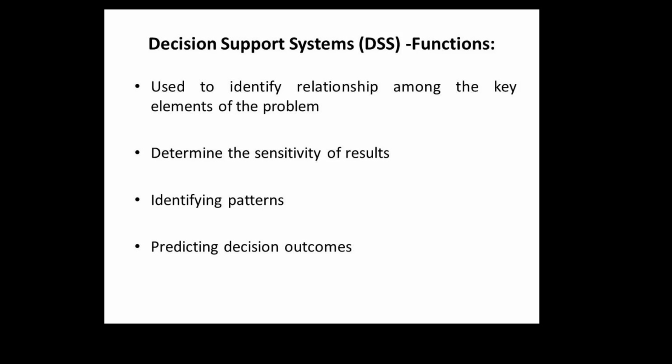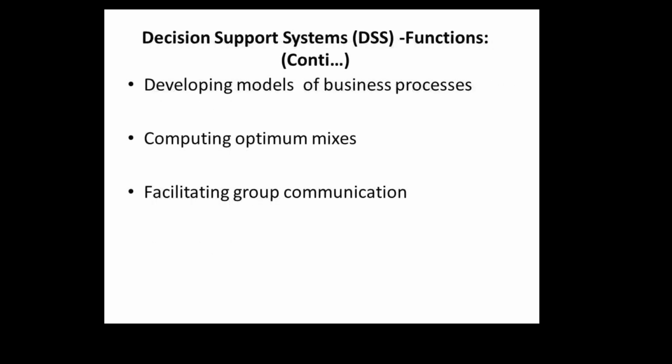Next one, developing models of business process. It means the DSS function is to develop a model of the business process. Models may consist of one or more equations that relate the output to the input.